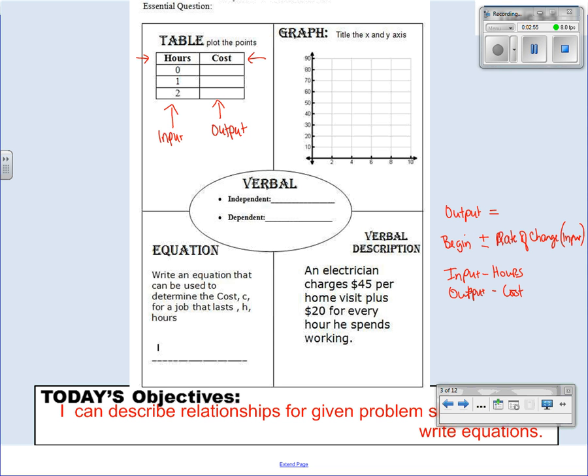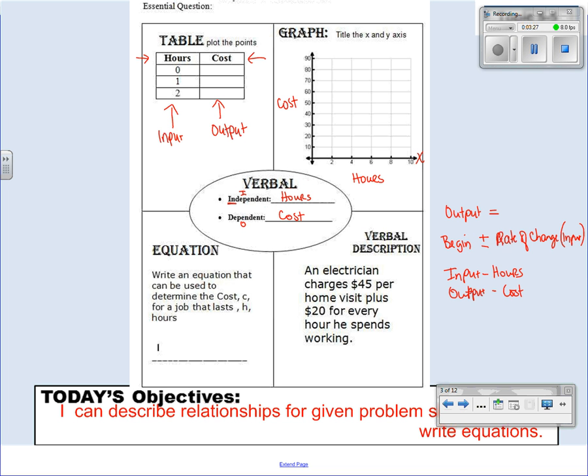Knowing that information, we can look at our graph and we can label our X and Y axis. Our X is the one that goes left to right, and we've just said our X is our input, so this has to be hours. And then our output is our cost. We can even fill in the verbal now. Our independent, that's our input, well, that's hours. Our dependent is our output, and this is cost.